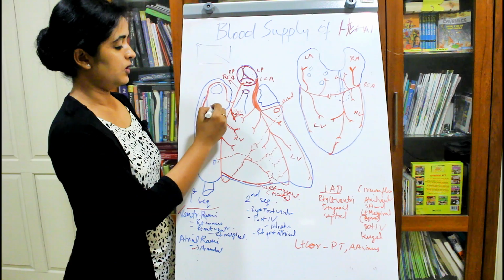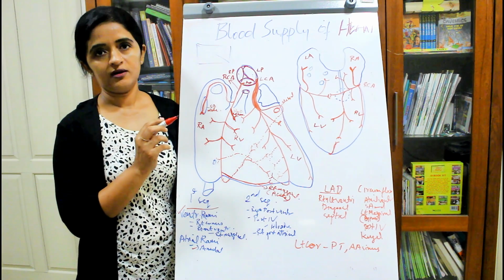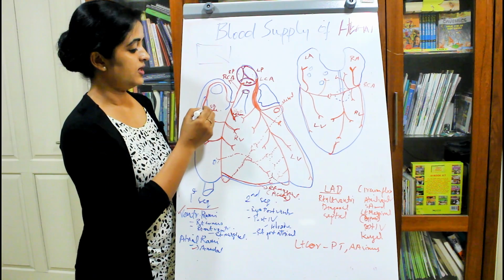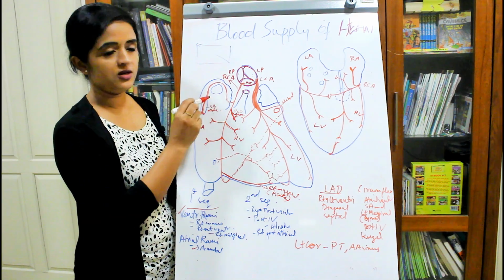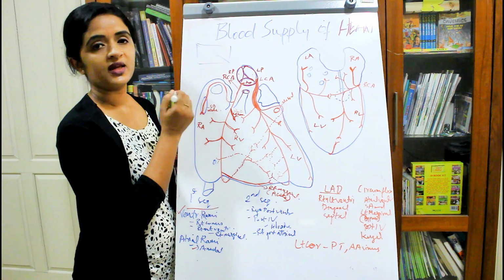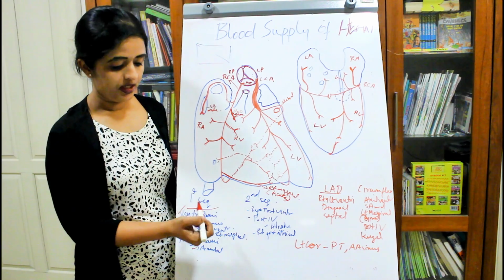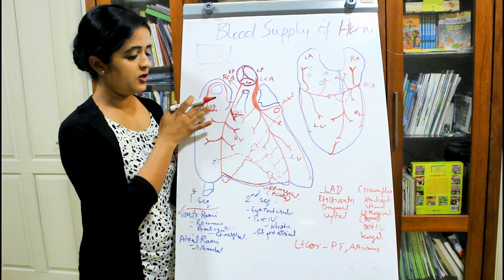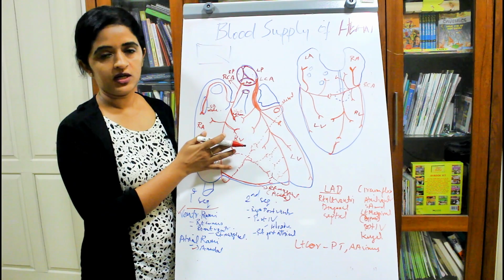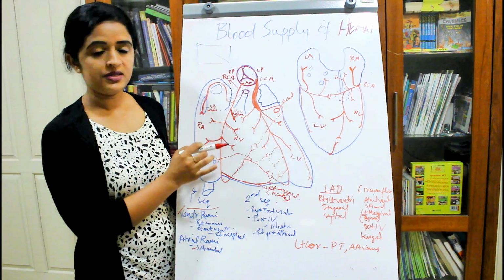So this is the SA node, and this is known as the SA nodal artery. One of the atrial branches winds around the superior vena cava and supplies the SA node. So we have the atrial branches and the ventricular branches. That's about the first segment.